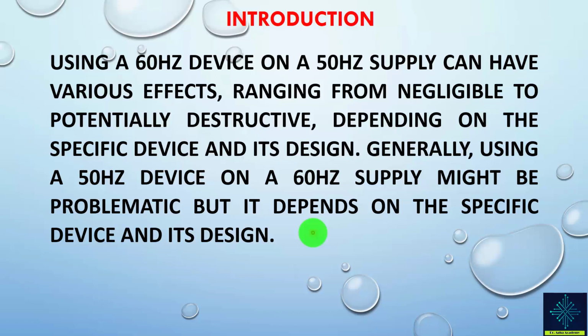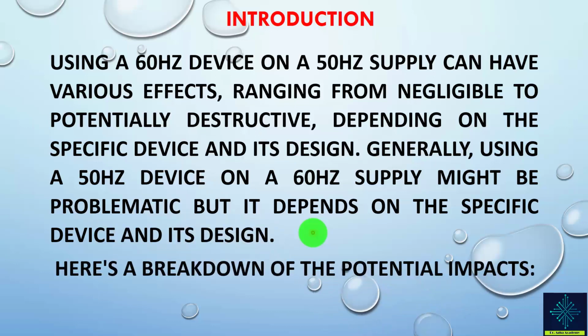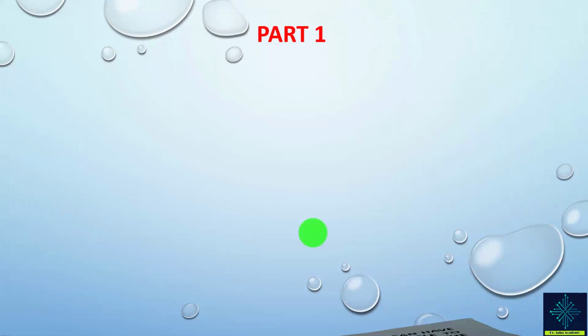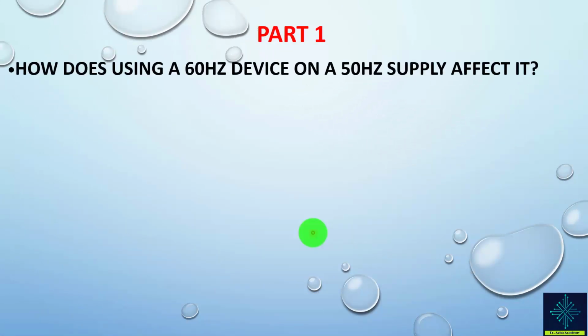Let's see how. We'll just have a breakdown of the potential impacts, but for the time being will not go into the mathematical and technical details behind this. Maybe in a subsequent video, we'll discuss the technical details.